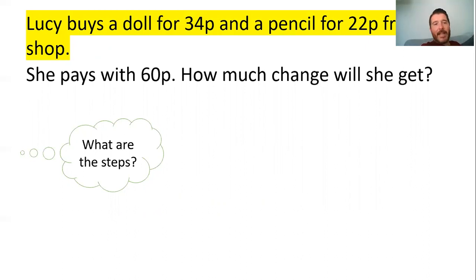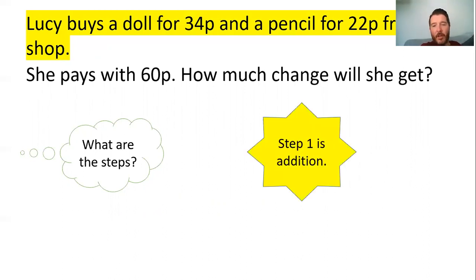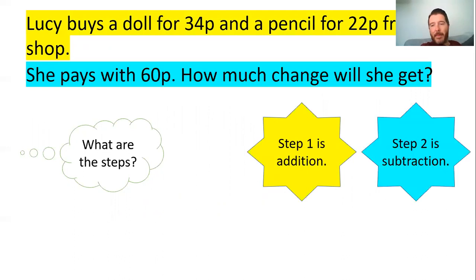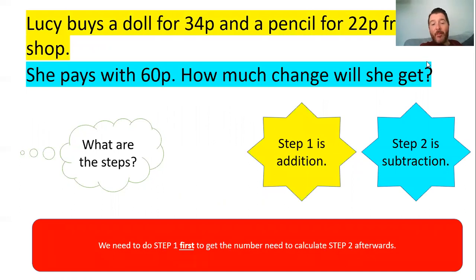So that's step one, adding. Step two is she pays with 60p. How much change will she get? So step two, we're going to be taking that total away from 60p, aren't we? Step two is subtraction. We need to do step one first to get the numbers needed to calculate step two afterwards. So you always need to go in the right order.